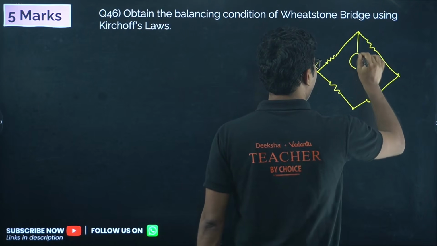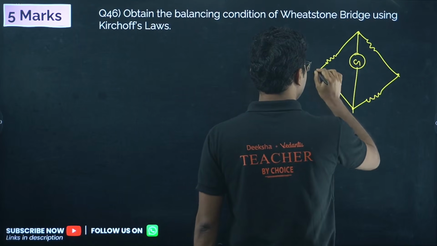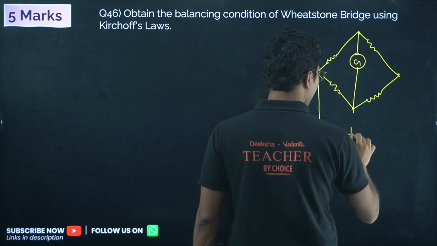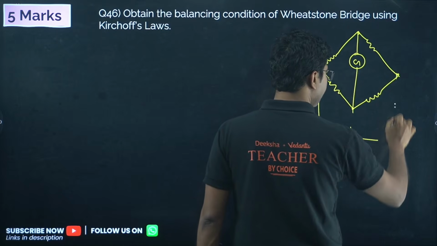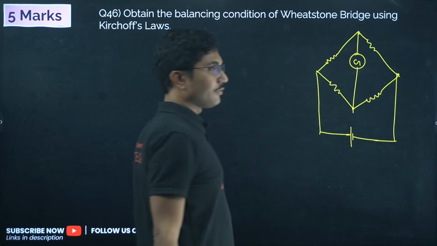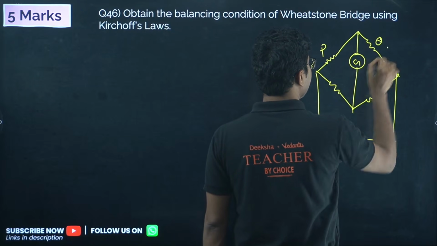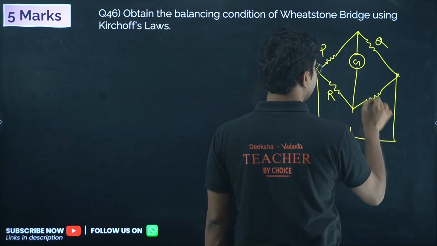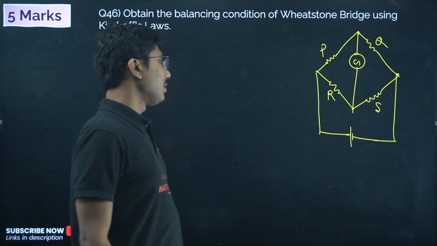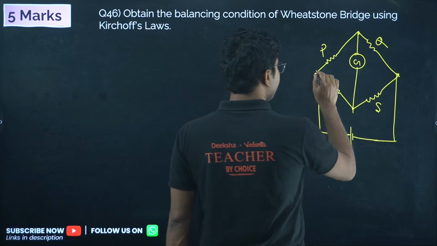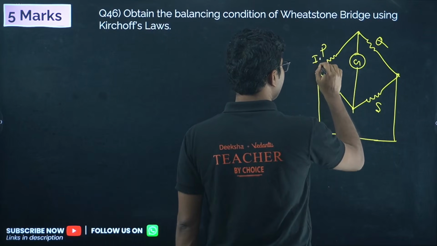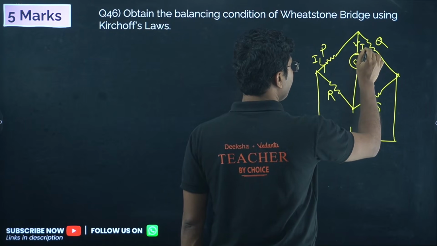Okay, so Wheatstone bridge, it came last year, but it might come this year as well. So if it is coming, very easy derivation. So P, Q, R, S. This is the galvanometer G. Now suppose a current I1 is passing over here, a current IG is coming over here.